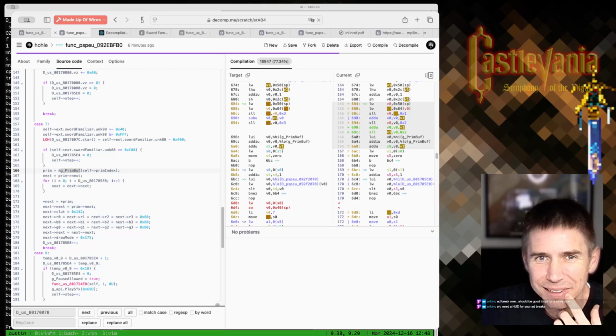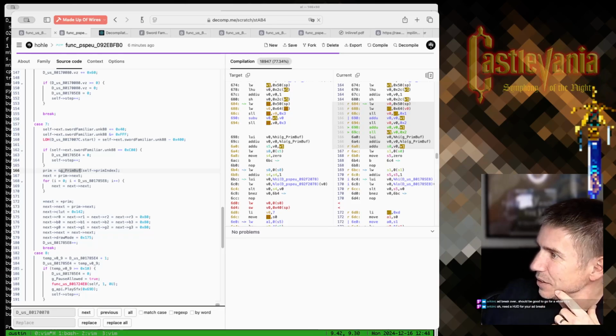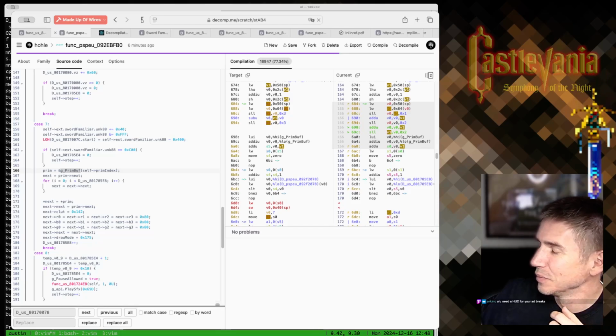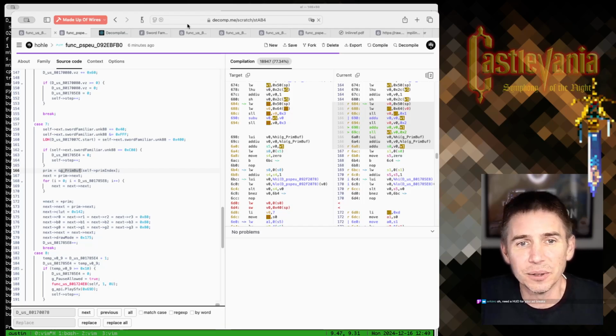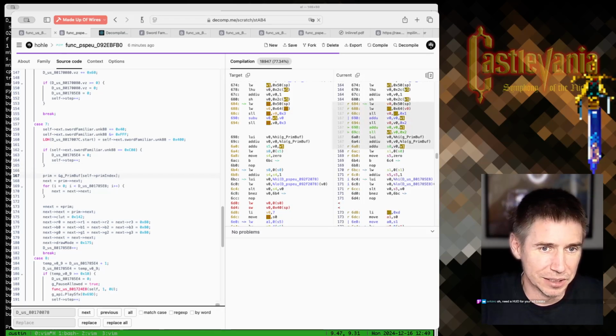Let's see, do I have this? I have my monitor over on the side to try to keep track of these things. Anyway, not working out. Need to figure it out. So back to Castlevania, though.